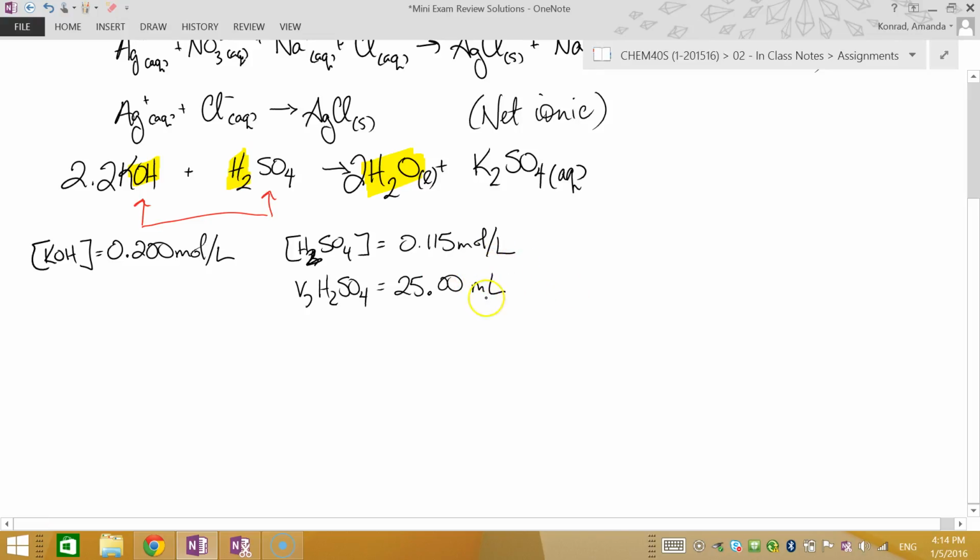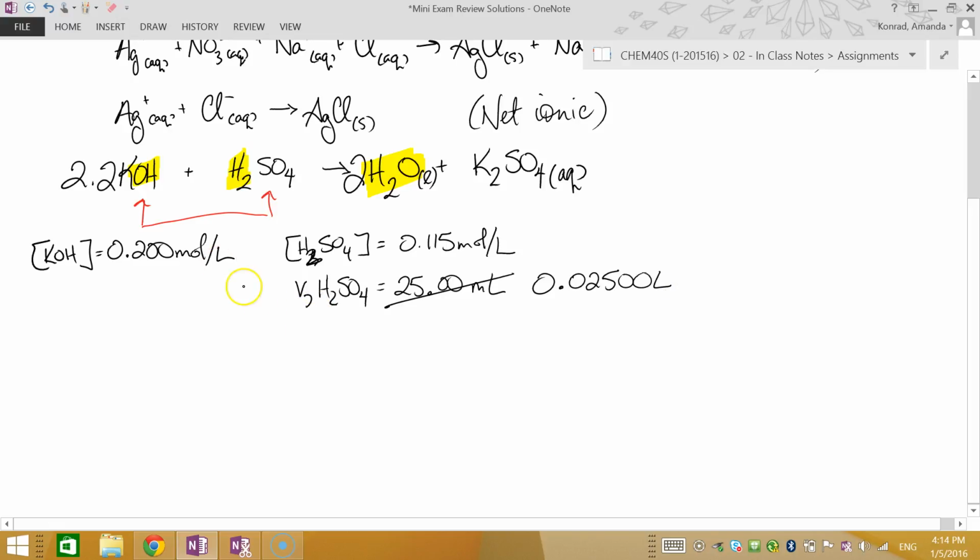Since I have milliliters here and I have liters here, I want them to be the same unit, so instead of writing it as milliliters, I'm going to write it as 0.02500 liters of sulfuric acid.